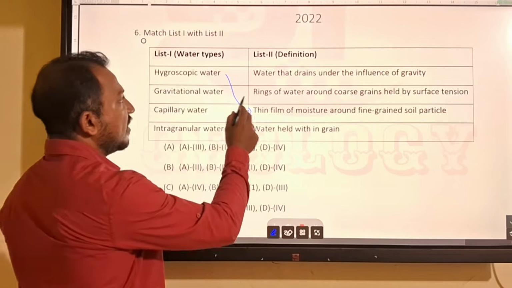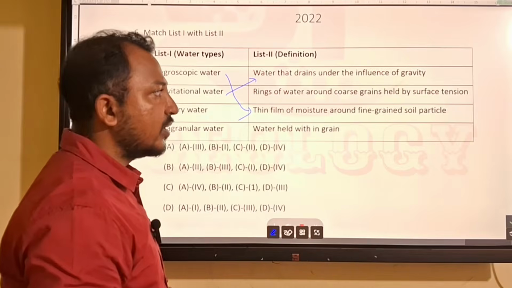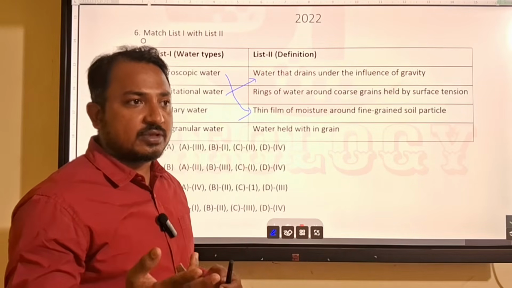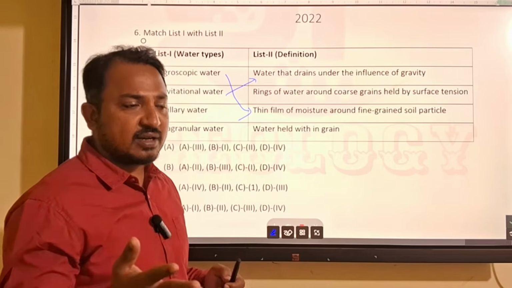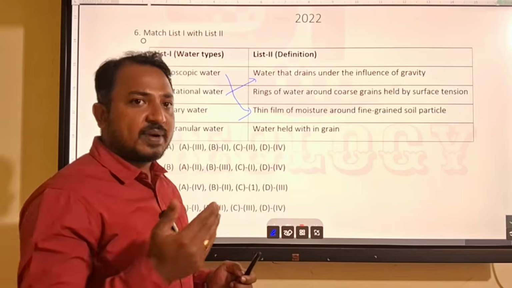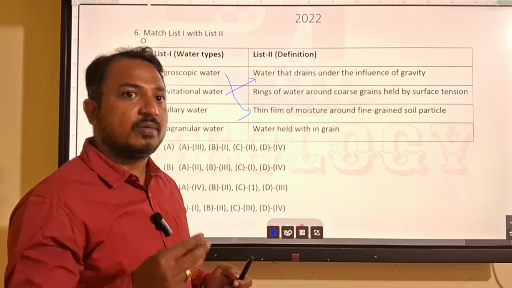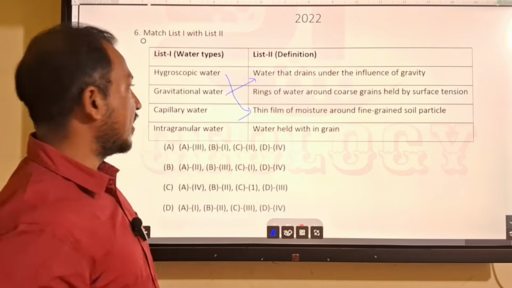Then gravitational water is water that drains under the influence of gravity. There are two hydrological properties we have studied: one is specific yield, one is specific retention. Specific yield is the amount of water that drains from a rock by the influence of gravity, and that water is called gravitational water.